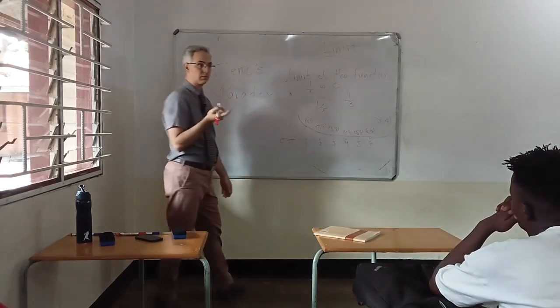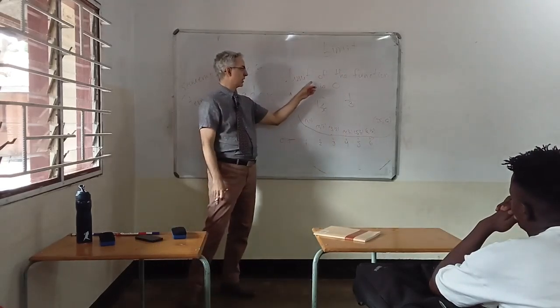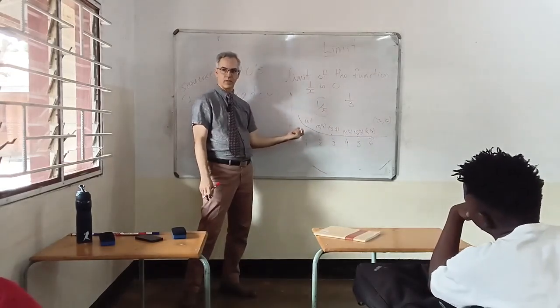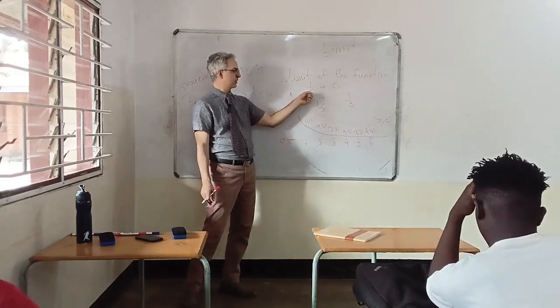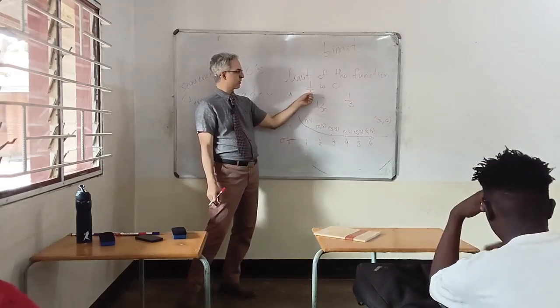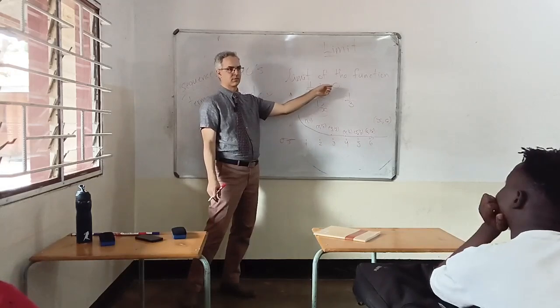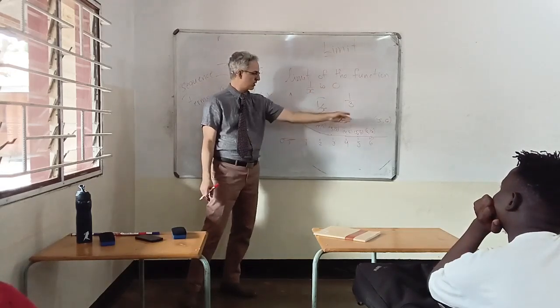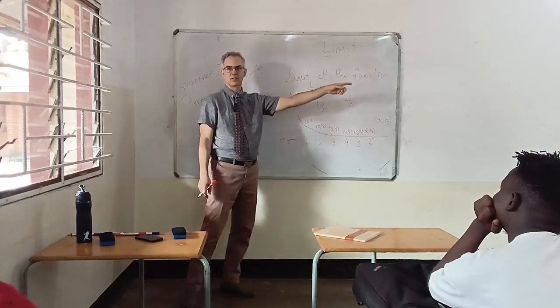So again, what do we mean? We don't mean that there is a point in the domain of this function where the corresponding value is 0. We have said that will never happen, right? This has a domain that goes all the way to infinity.